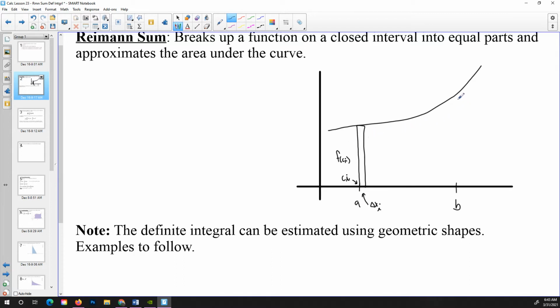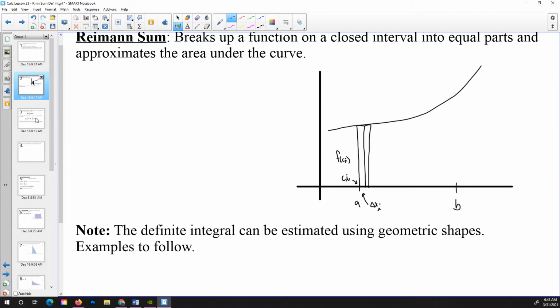We're drawing a bunch of these rectangles in and having a bunch of different delta x i's. Eventually we're going to let these go to zero and let the number of rectangles increase to infinity. Again, that's very difficult to draw and visualize, but it gives you a general idea of what we're doing.